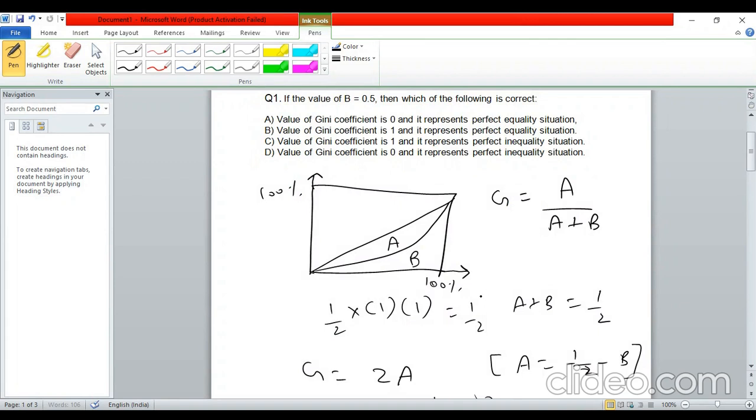Okay, guys, so this is the first question that we have. Here they have given us the value of B, which is 0.5, and then they have asked us to find out the value of the Gini coefficient and whether this is a situation of perfect equality or perfect inequality.